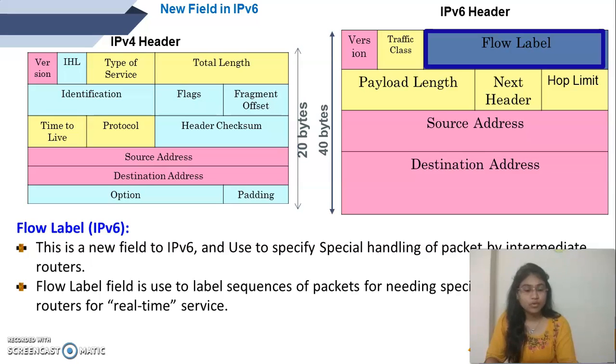Again, this field is very important in case of real-time services. But such a type of field, flow label, that is to provide special handling to that packet and to indicate to the router, is not available in case of the IPv4 header.